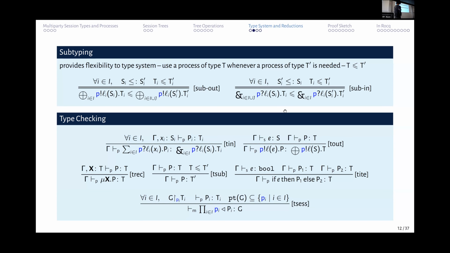And we have also the subsumption rule. And the key rule is here. We have a projection onto PI and generate TI. Okay? And then each participant is typed by a local type. And this is corrected and typed by the global type.